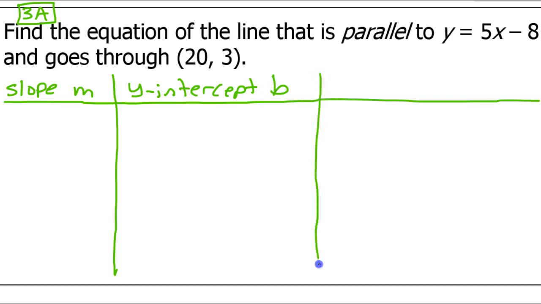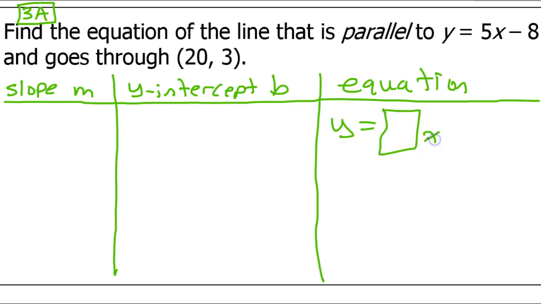And then once I've found that, then I can write the equation. Now, as always, the equation is going to be y equals something x plus something. All right, the slope and the y-intercept.